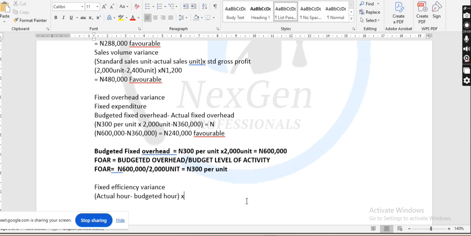Is that also the standard rate? Here it will be the fixed overhead absorption rate, which is what? 3 naira per unit, right?